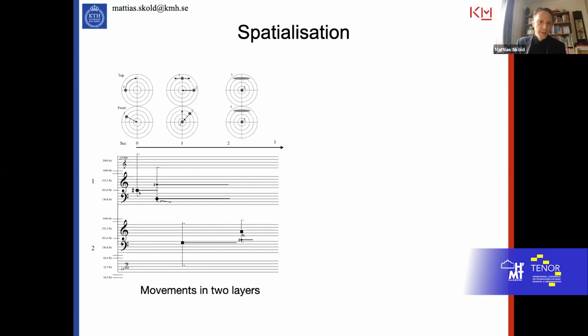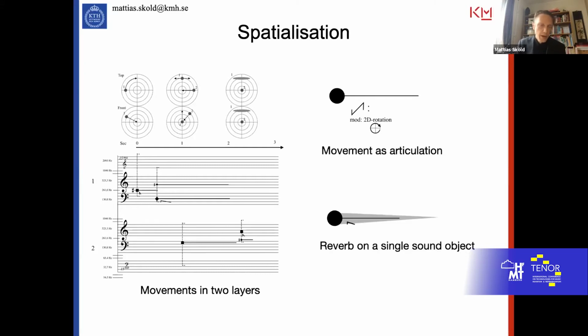It's also been here in Tenor, I believe. Though if you have sound in orbit, going round and round, I would notate that as a movement as articulation rather than as positional changes. And there's also symbols for reverbs being associated with particular sounds.